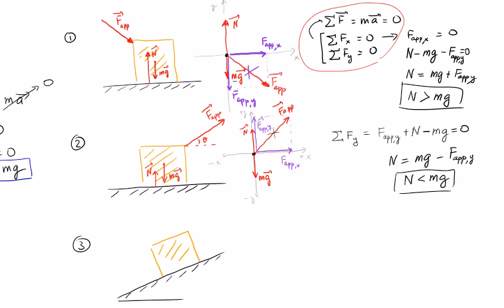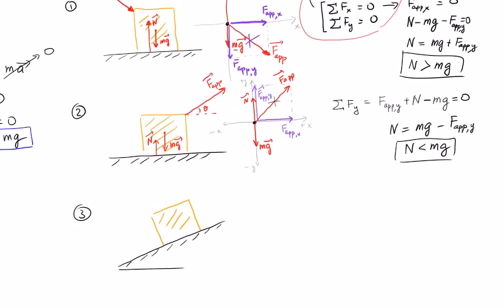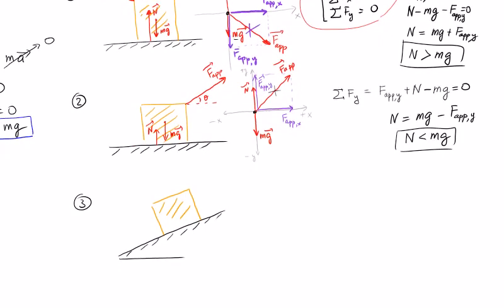Another situation. And finally, we have a situation where we have our block sitting on an incline that is tilted at angle theta. So in these cases, it's very convenient to use tilted axis. There would be a video on tilted axis.